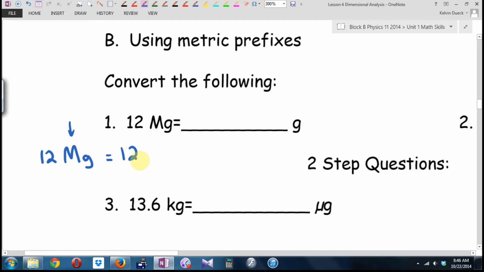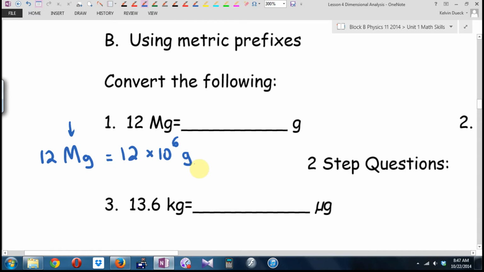I'm going to write 12, and I'm going to write the word times. According to your chart, what is mega the same as? As a power of 10, 10 to the what? So I'm going to replace the mega with 10 to the 6th. And I've now converted it to grams.